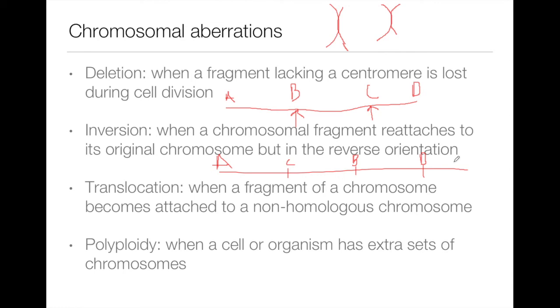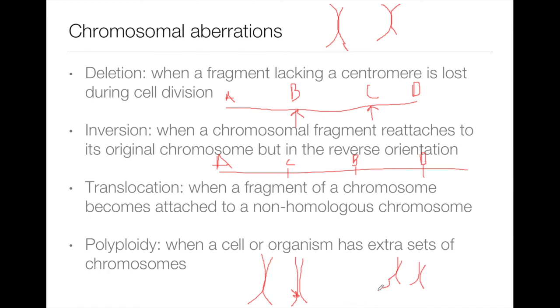Then we've got translocation. Translocation, we've actually got two types. This is a pair of homologous chromosomes, and this is another pair of homologous chromosomes. If a part from the chromosome here is being cut, let's say I cut this one, so it goes from here and it connects here, this is a translocation.